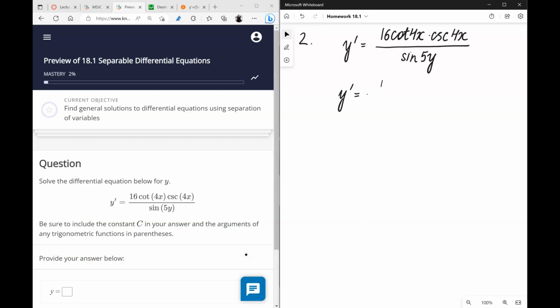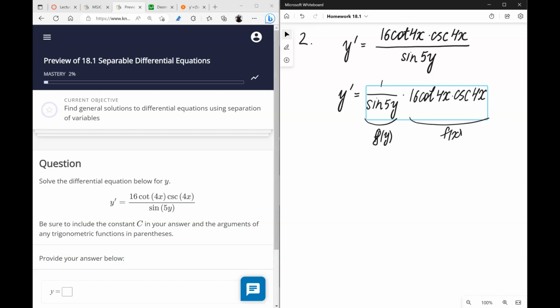So here we have 1 over sine of 5y multiplied by 16 cotangent 4x times cosecant 4x. Sorry, there's no dx there. Once we acknowledge that this is separable, this is your function of y, and this is your function of x, now we can separate the variables.